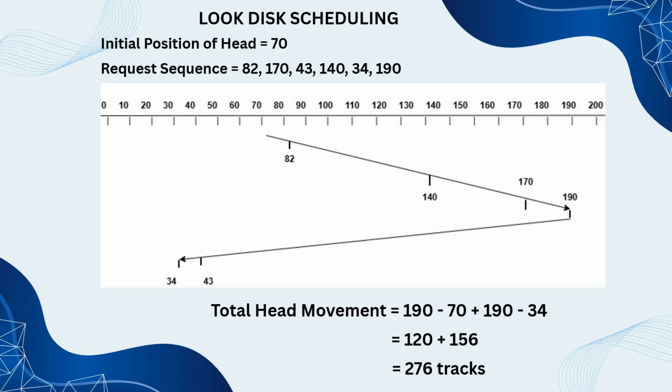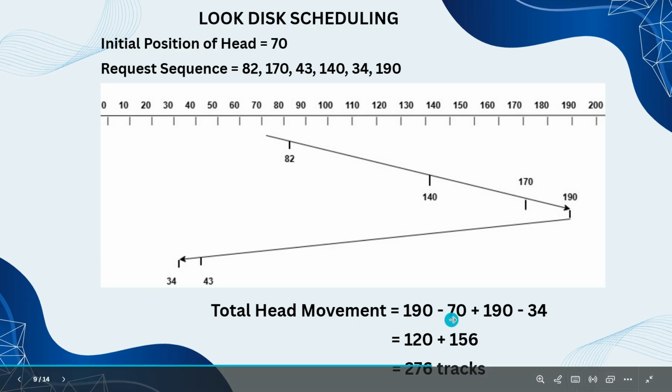So here it starts from the track 70 and moves towards the right. Then it serves the requests 82, 140, 170 and 190. Now it reverses the direction and moves towards the left. So again it serves 43 and 34. So the total head movement is calculated by 190 minus 70 plus 190 minus 34. So the total tracks are 276.